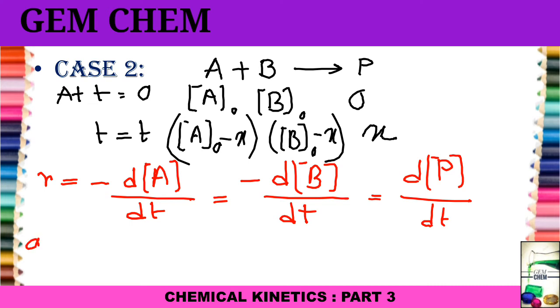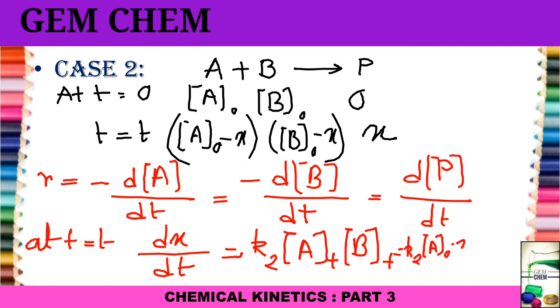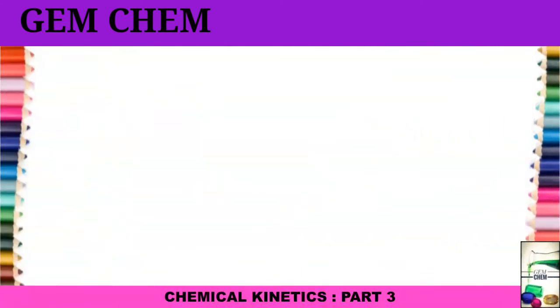And at t equals t, we know dP becomes dx by dt, and the rate is K2 At Bt. Here we just substitute the values of At and Bt. So it becomes K2 multiplied by A0 minus x multiplied by B0 minus x, and the next step is our integration, right?